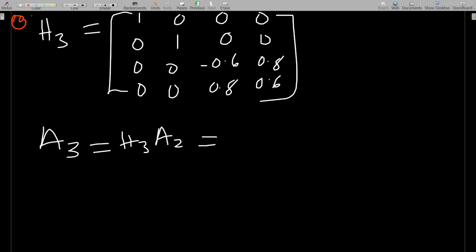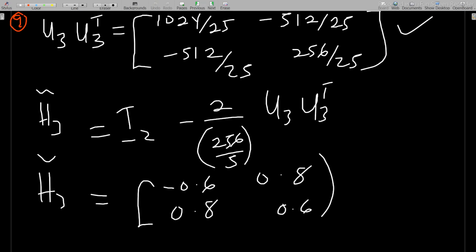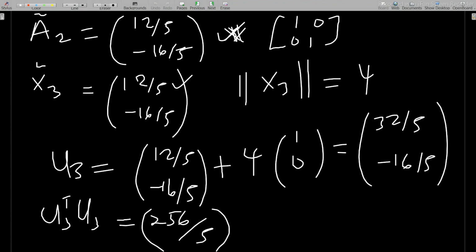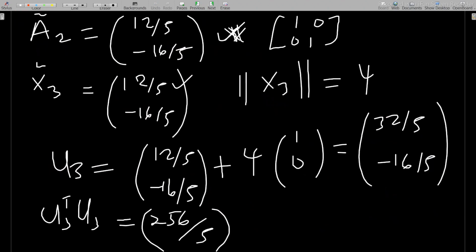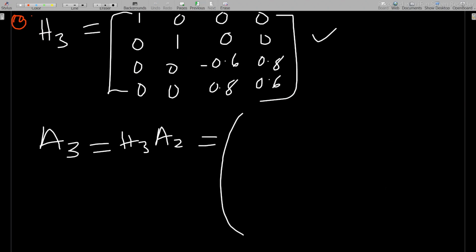And if you go ahead, you know h3 here, we know a2. So all I will do is use this h3 and my a2 here. Here's my a2. So you multiply the h3 to this a2, and you get a solution.